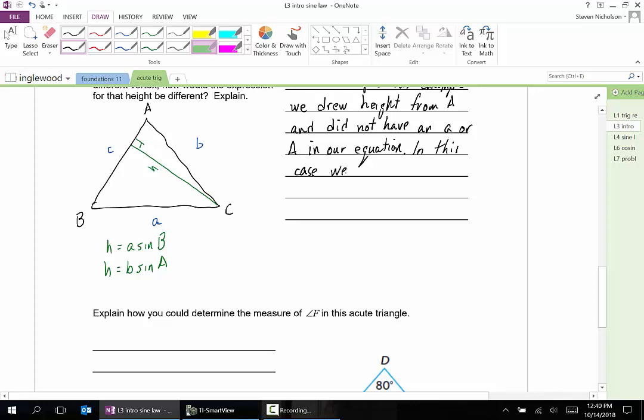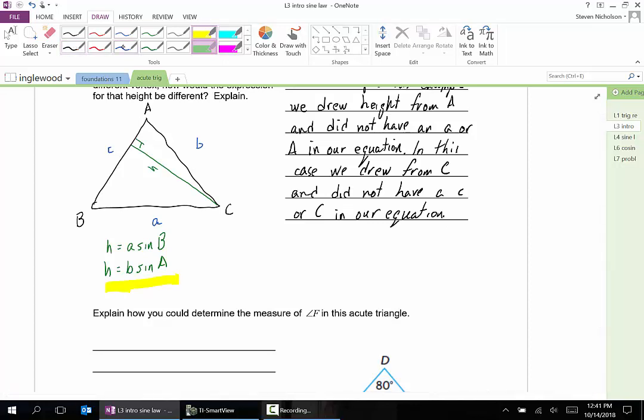In the example we're just going to finish off here, we drew from C, and did not have a little c or big C in our equation. You might see it right here, there's only A's and B's.